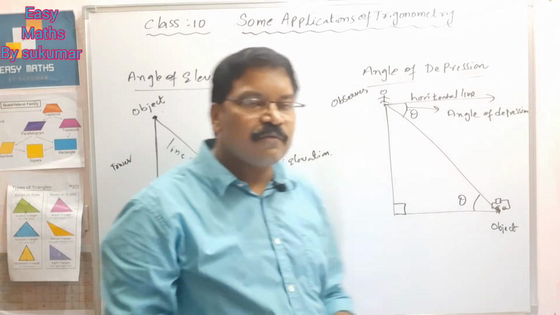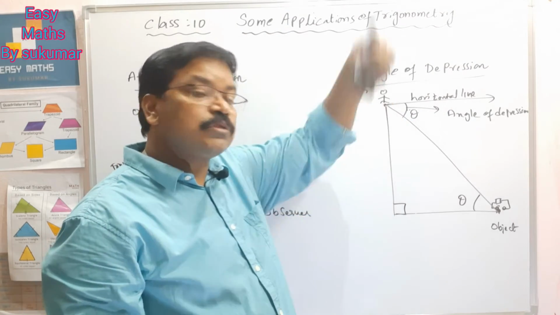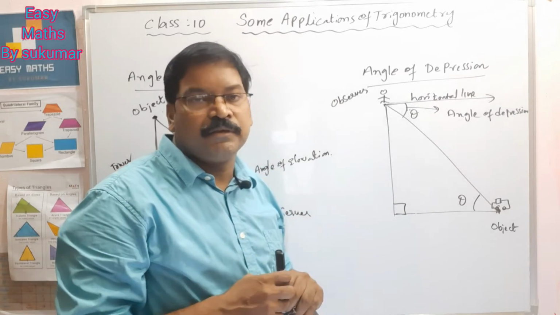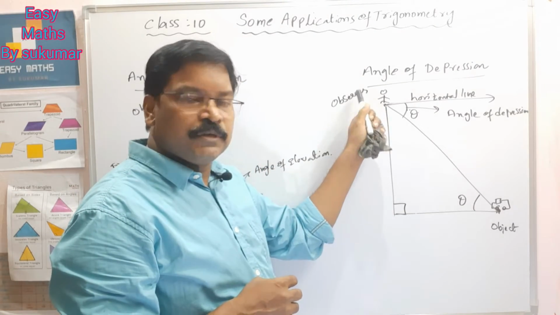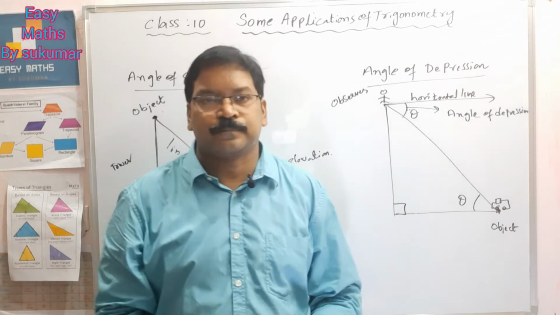But coming to the angle of depression, here the observer is above the object. This is the object, and this is the observer. So the angle formed here is angle of depression.